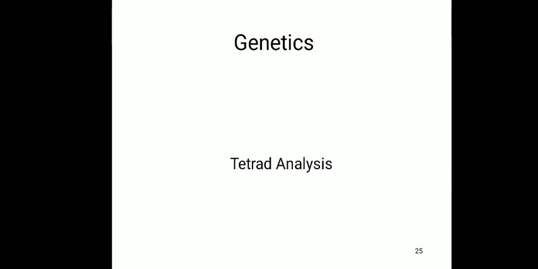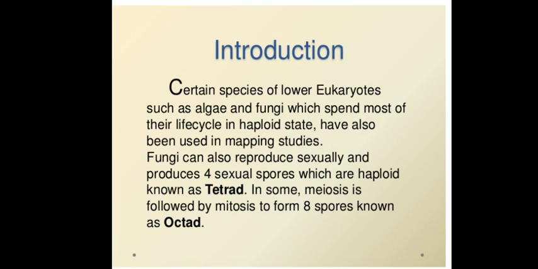Hello everyone. In today's lecture of genetics, we are going to learn about tetrad analysis. In certain species of the lower eukaryotes, such as algae and fungi, which spend most of their life cycle in the haploid state, mapping studies are also used.